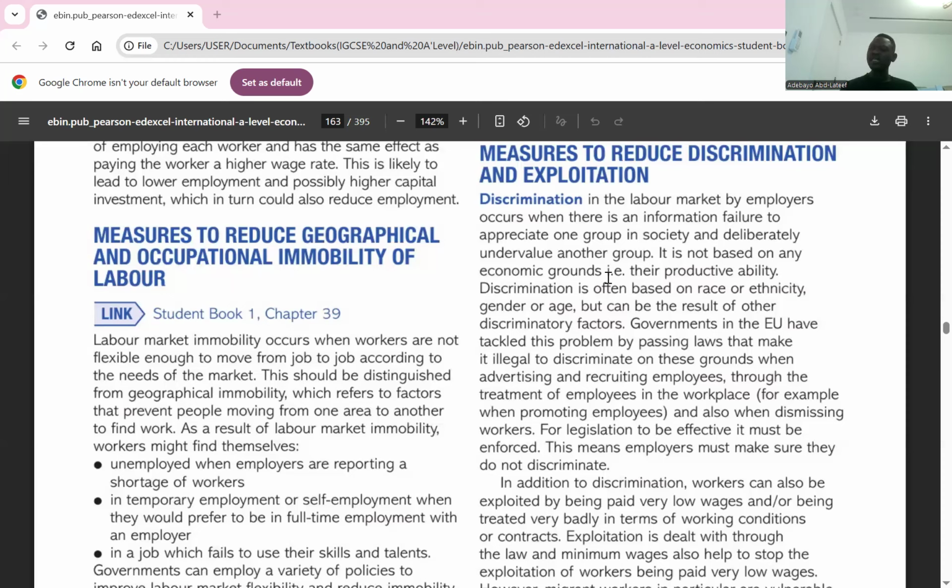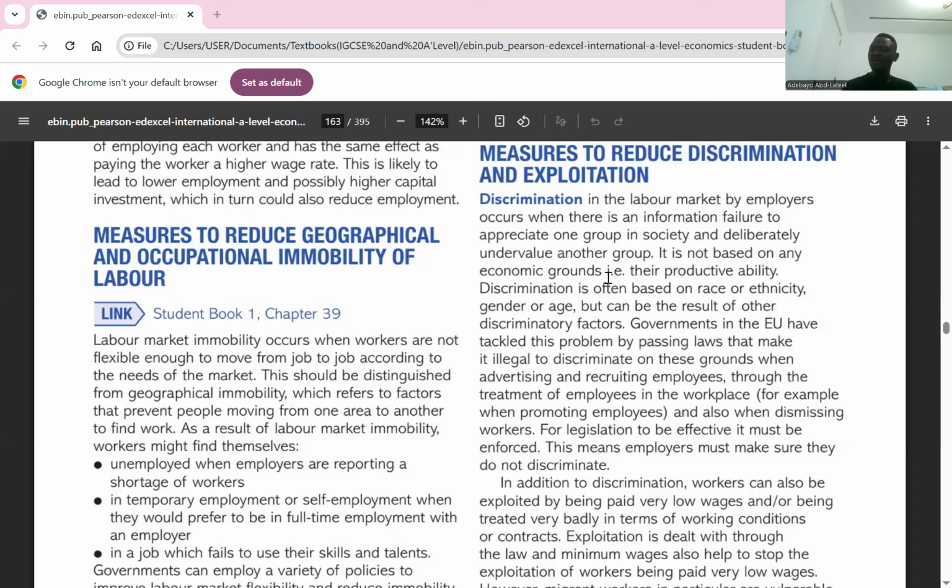Government should ensure all workers, including independent contractors and temporary workers, are covered by anti-discrimination laws. So irrespective of who you are, in as much as you are a worker, you should be protected by anti-discrimination laws. So that means you cannot be discriminated against. Do you understand the first one? Yeah. Two, regulate recruitment agencies.